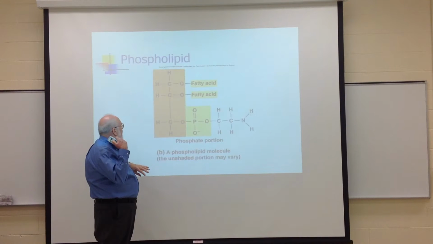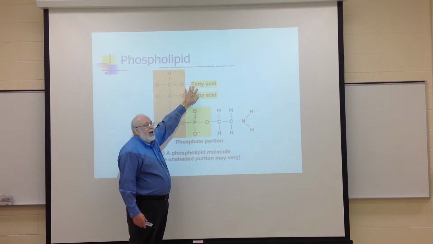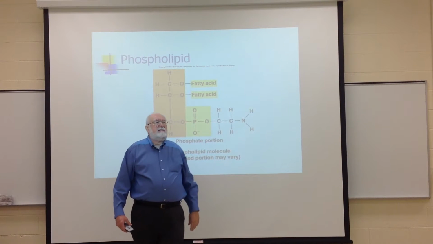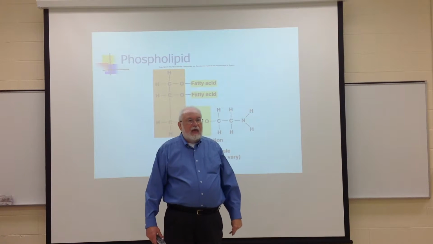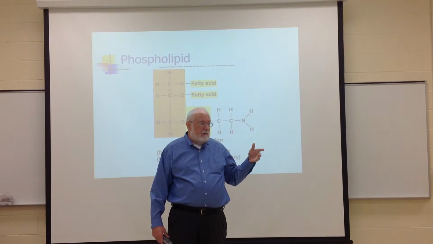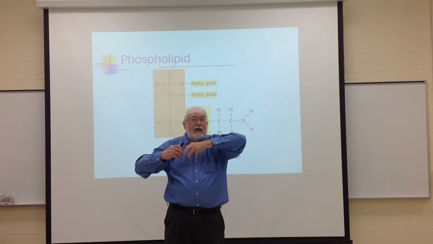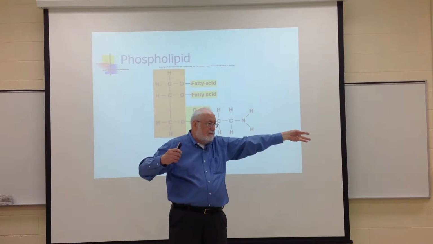Now, where are those coming from? Well, let's just go right back. The two fatty acids are the tails. And as we noted in that prior slide, the tails are nonpolar. Anytime you string together a long hydrocarbon chain, you're dealing with something that's nonpolar.